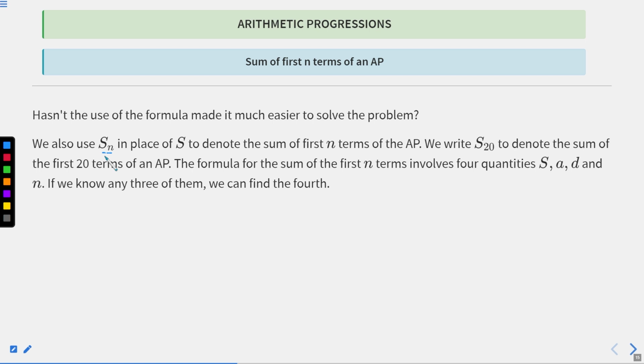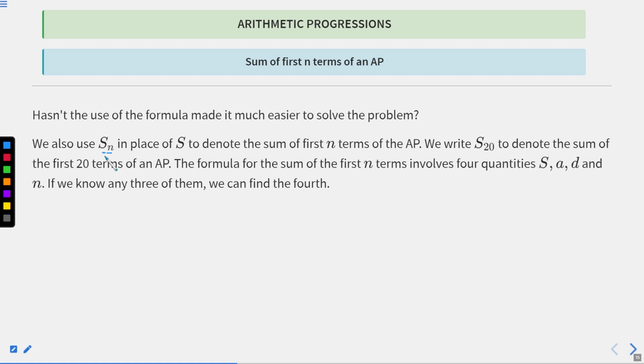So we write S20 to denote the sum of the first 20 terms of an AP. And the formula for the sum of the first n terms involves 4 quantities: S, first term A, common difference D, and the number of terms N. If we know any three of them, then we can find the fourth one.